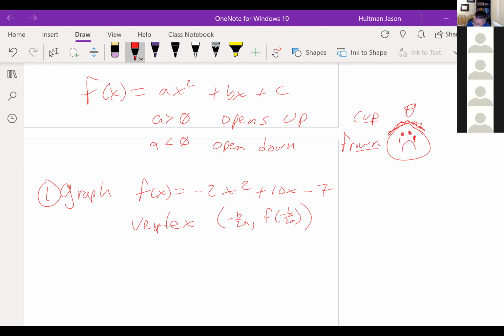That's the vertex of the parabola. Okay, the vertex is at this coordinate. So if I want to find the vertex, I would just have to do negative b over 2a. Well, what's a, b, and c here? Well, a is negative 2, b is equal to 10.